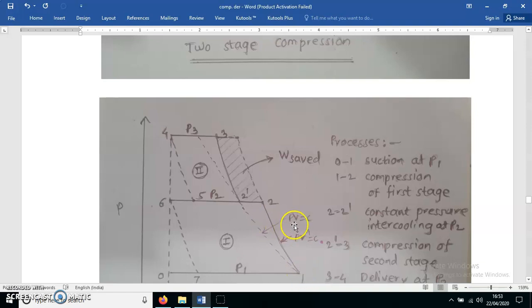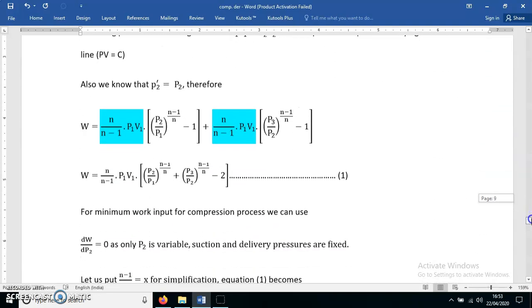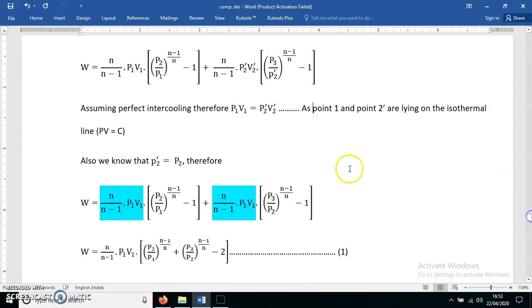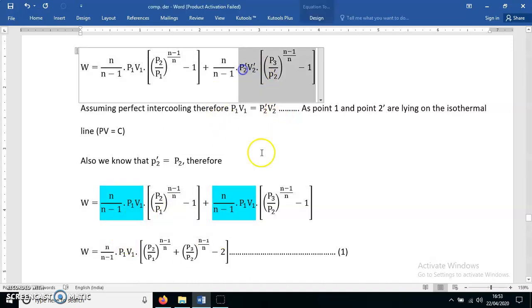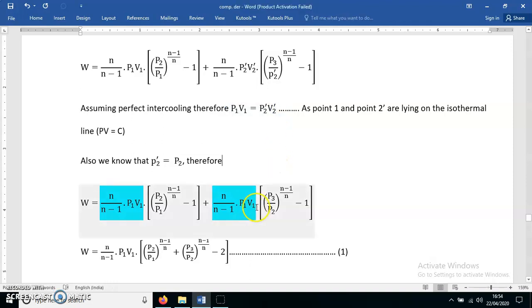We can apply the law for isothermal process as PV is equal to constant. So we can write P1 V1 is equal to P2 dash V2 dash, and that's what is written here. So put it here, this P2 dash V2 dash is replaced by P1 V1 because the isothermal perfect intercooling case is assumed.